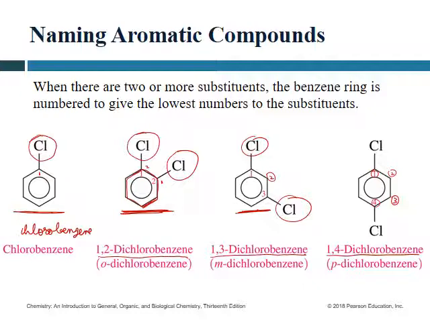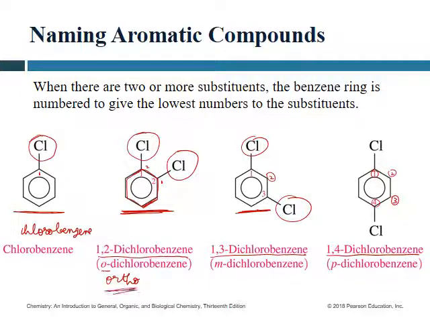Sometimes, if we are working with a bunch of benzene molecules, it becomes a little bit tricky. There's also a common name given to these compounds. Whenever substituents are present on carbon number 1 and carbon number 2 on a benzene ring, it is called ortho-dichlorobenzene. Instead of writing numbers 1 and 2, sometimes a common name is used, which is ortho.